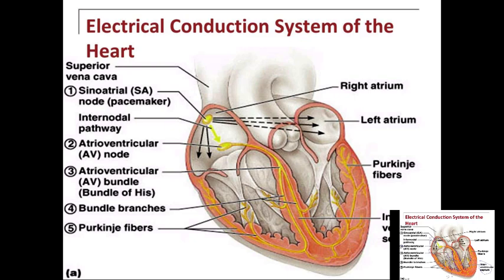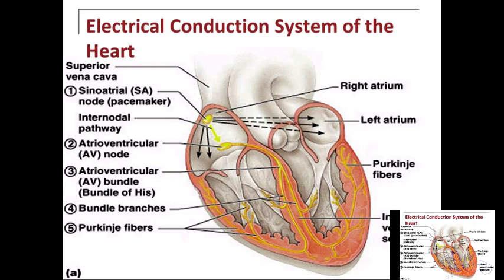And the only way that happens is the electrical impulses have to hide themselves in the interventricular septum, where now you've got this bundle of His, and the bundle of His then separates into these bundle branches, a left and a right bundle branch. And then these left and right bundle branches divide, they go up the apex, and they move upward, inferior to superior, to create these Purkinje fibers.